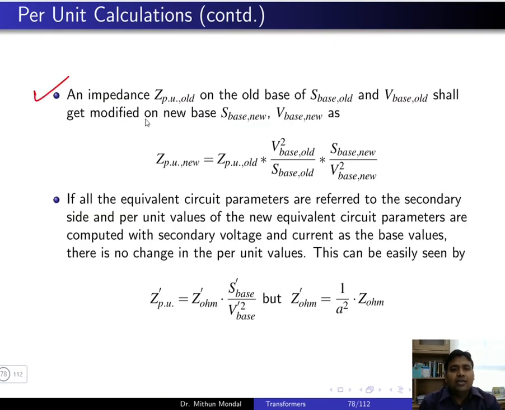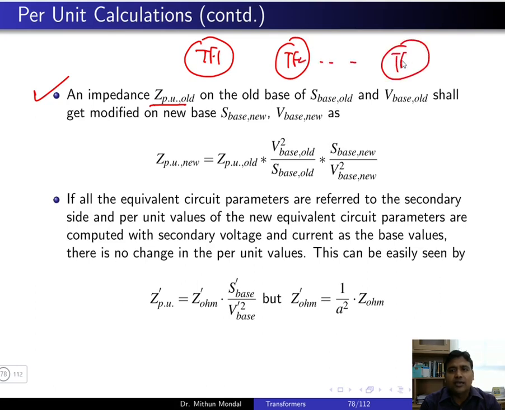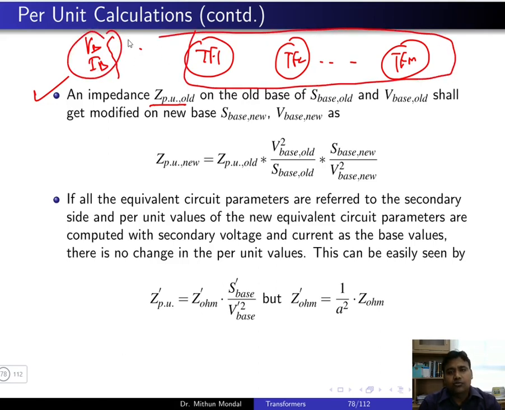So an impedance Z per unit old. So what is happening? You have a transformer 1 and you have a transformer 2 connected to each other, or n number of transformers connected. Then in that case, you have chosen a particular base value of the voltage and base value of the current, which is common to the entire system of the transformer.